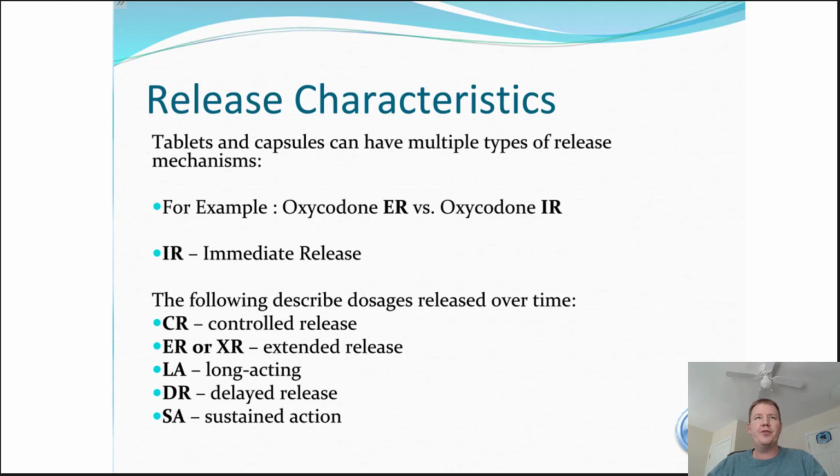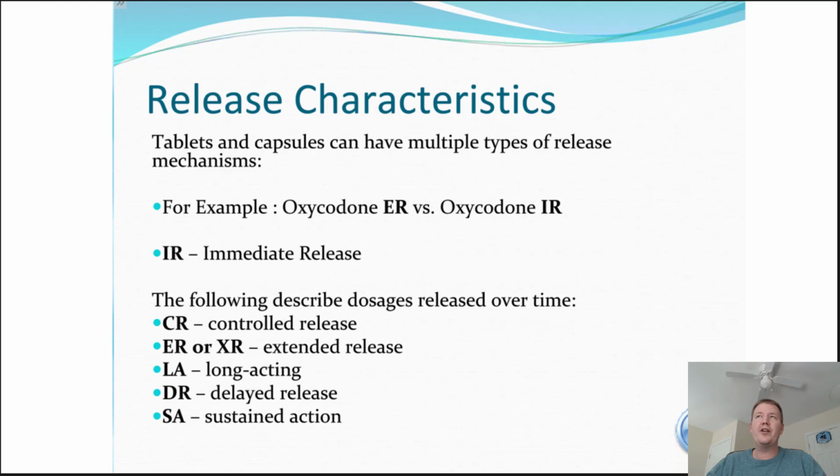All right, so that's pretty much the end of what we're going to discuss with Chapter 2. We're going to move on to Chapter 3 now, and we're going to start with the release characteristics. So many tablets and capsules are available in different types of releases. So, you might have an extended release. Like oxycodone comes as an extended release.